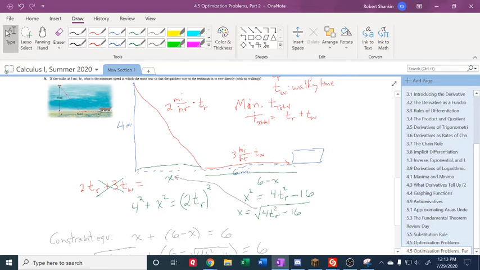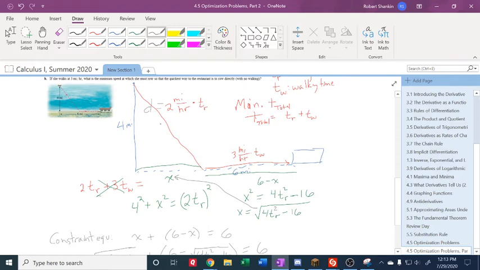I could define the hypotenuse's time as the square root of x squared plus 16 over 2, because its rate is 2 miles per hour. All right, so this is a distance right here, because that's a rate times the time.